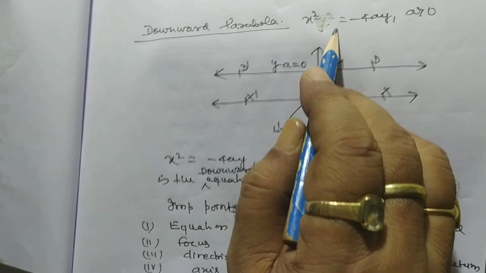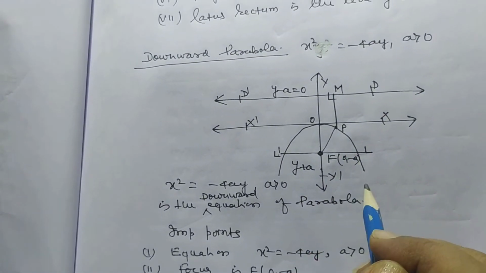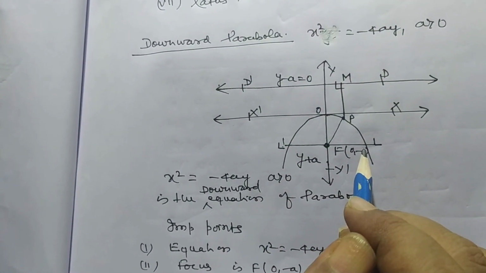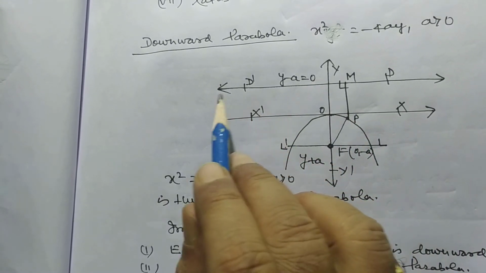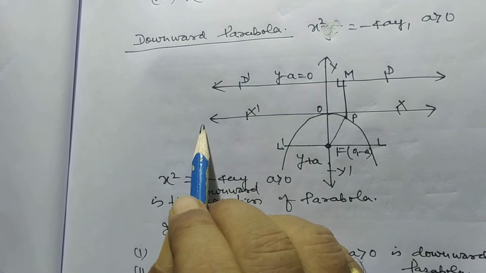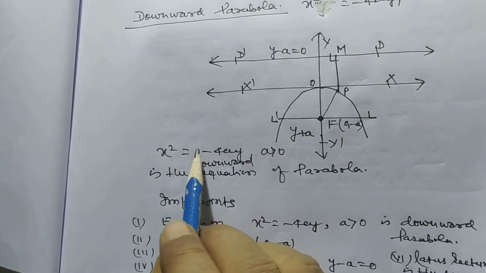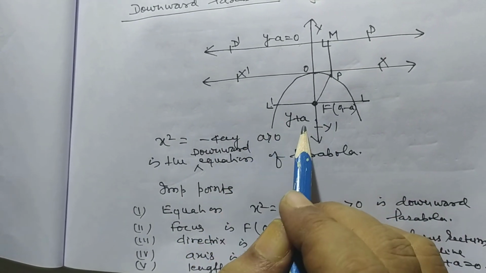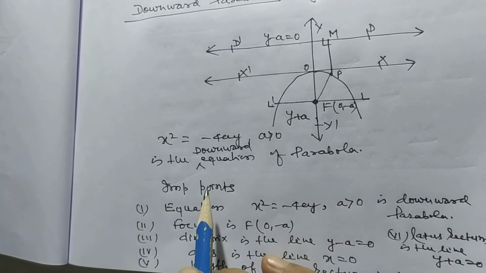Downward parabola: x square is equal to minus 4ay, a greater than 0. This is the figure of the downward parabola. The equation of the directrix is y is equal to a, that is y minus a is equal to 0, and the equation of the latus rectum is y is equal to minus a, that is y plus a is equal to 0.